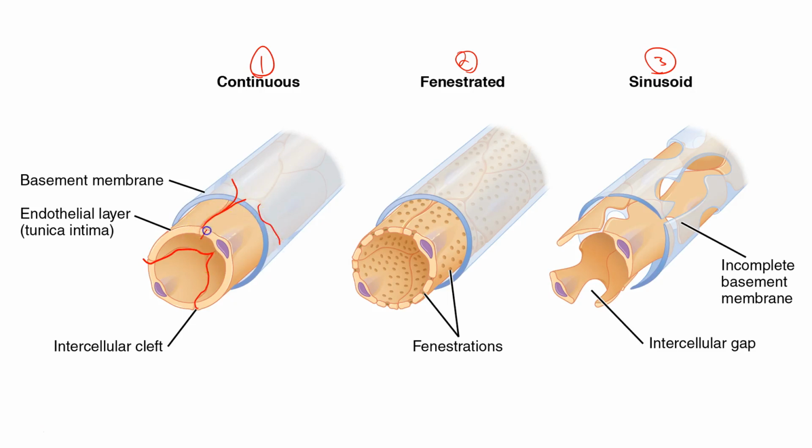Okay, generally a tight junction like this would not allow anything to pass through, but there are these things called intercellular clefts, just this slight little infolding here at the junction that will allow some stuff to pass through. Things that can be exchanged through the walls of a continuous capillary are really mostly small stuff.